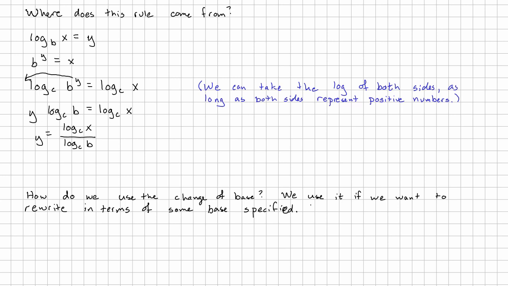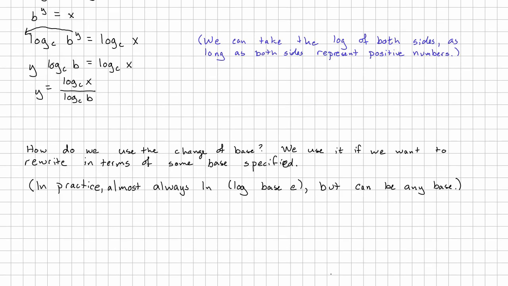We use the change of base if we want to rewrite a logarithm we happen to have in terms of some base that we've specified. So in practice, that's almost always going to be the natural log, so the log base e. But it can be any base. So for example, we could rewrite the log base 7 of x in terms of the natural log.